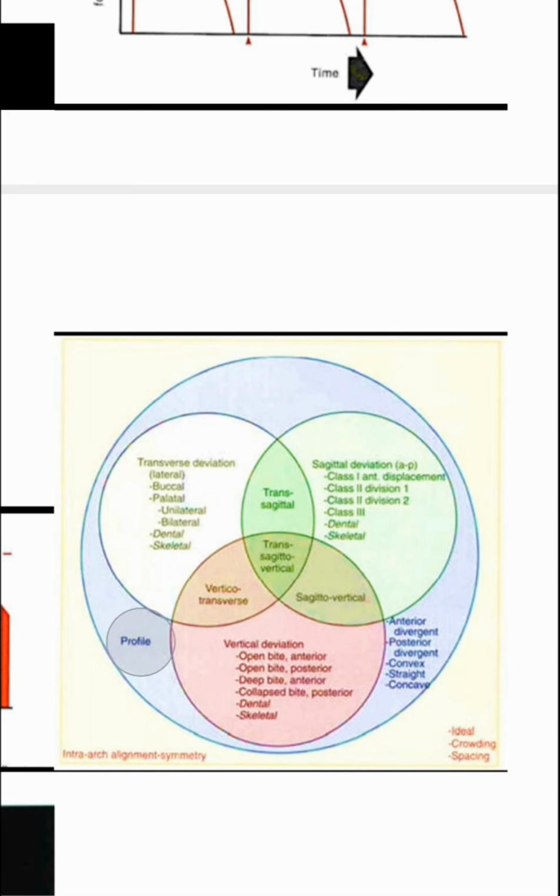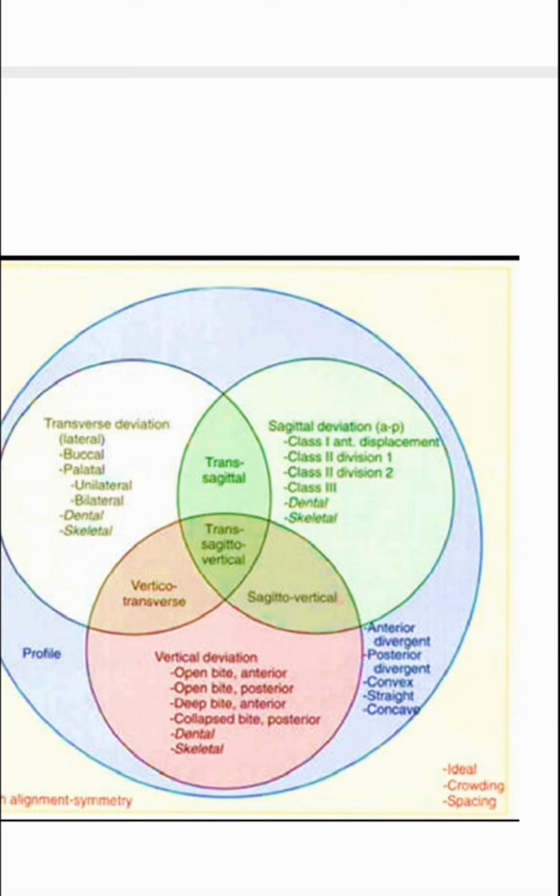It's classified as ideal, crowded and spaced. Step 2 is profile. It involves the consideration of the profile. Profile is described as convex, concave or straight. The facial divergence is also considered.